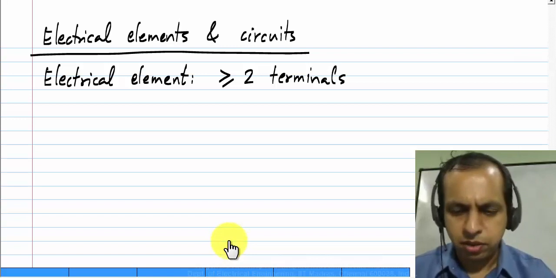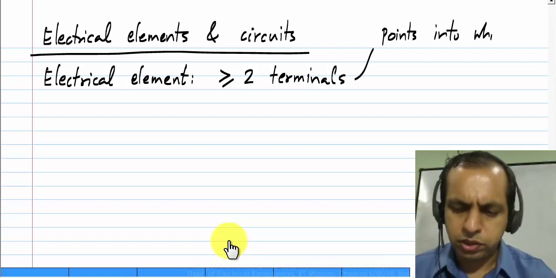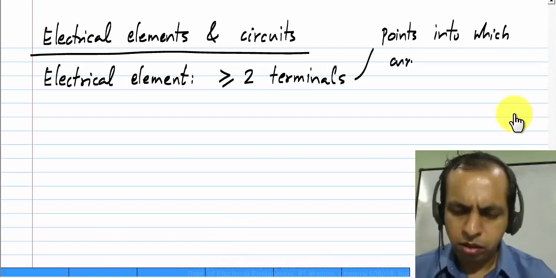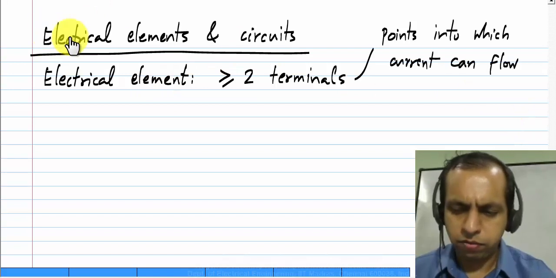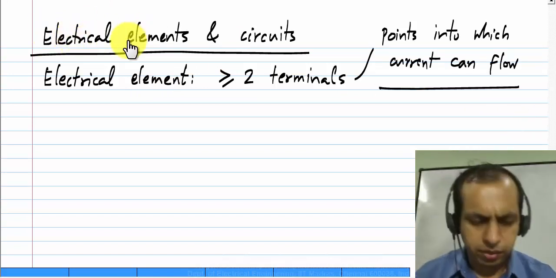And what are terminals? Basically, they are points into which current can flow.